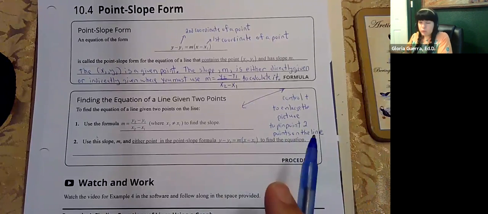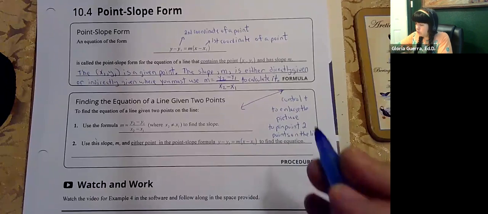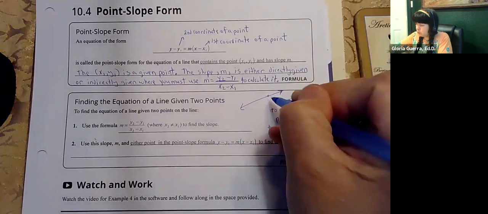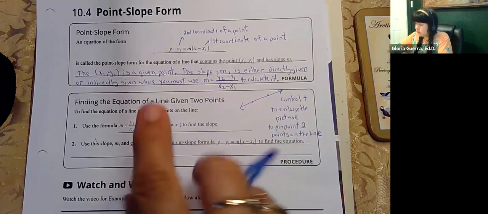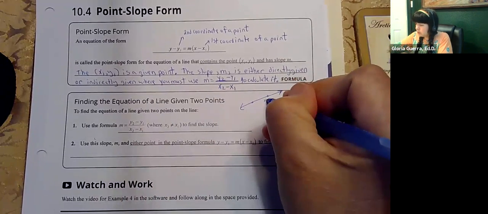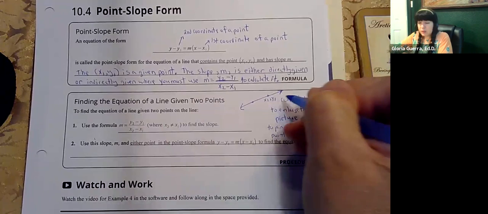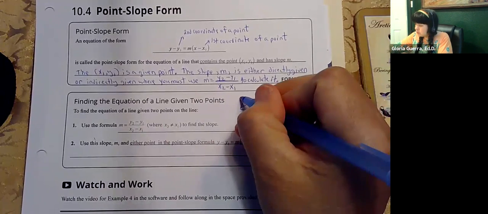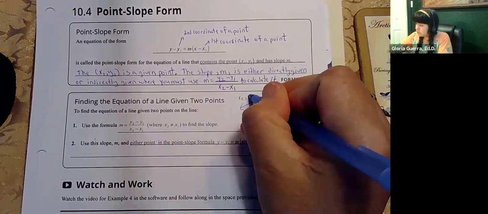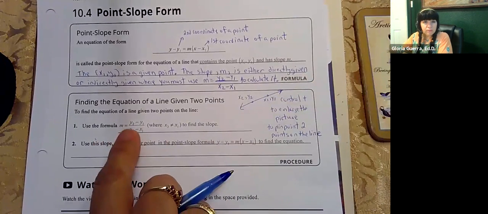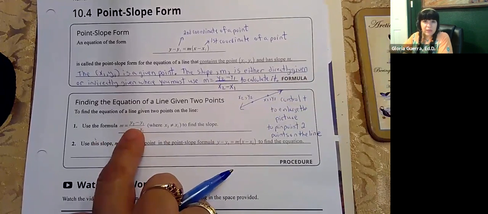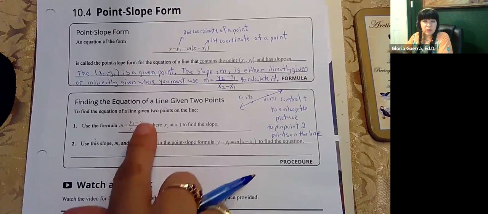But then once you ID 2 good points on the line, then you can label one of them x1, y1, and then label the other one x2, y2, and then you can use the slope formula to find m, okay? Because you need to find the equation of the line.